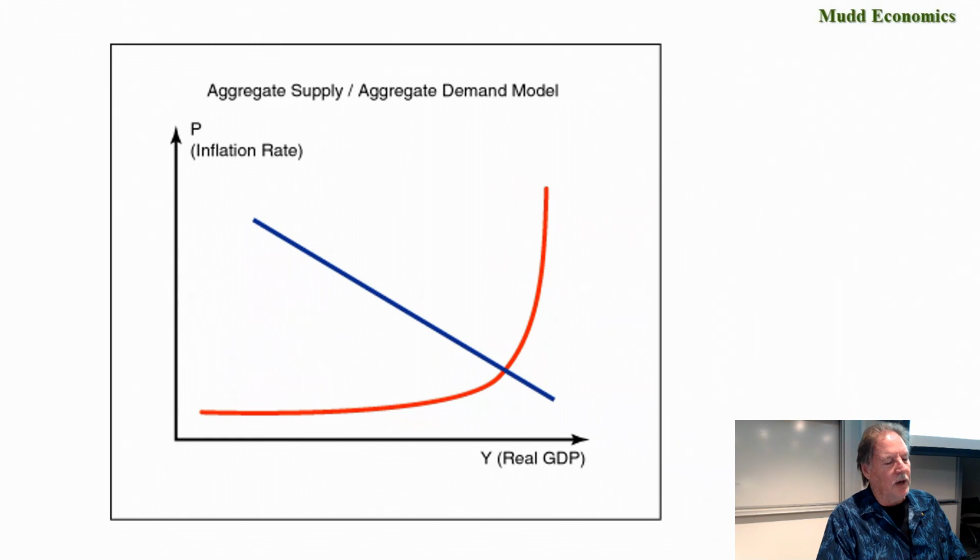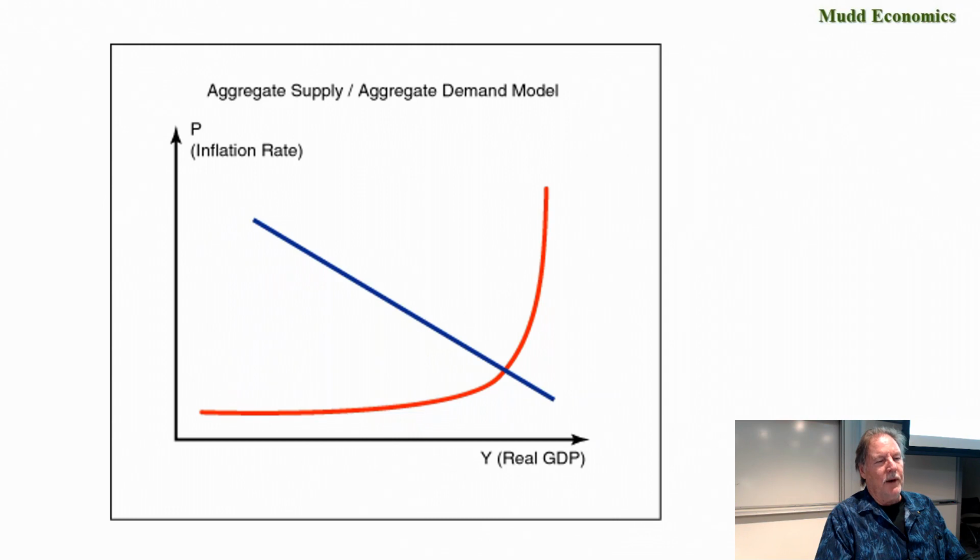You have prices on one axis and you have quantity manufactured or offered as a service on the other axis. And there's a market clearing price that will allow consumers to buy what they want at a reasonable price and producers to be able to sell what they have to offer at a price that allows them to stay in business. And so you've seen that before, but this model is meant to be kind of an aggregation.